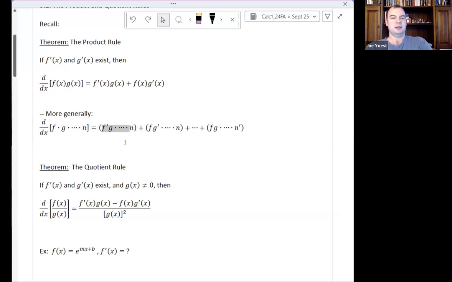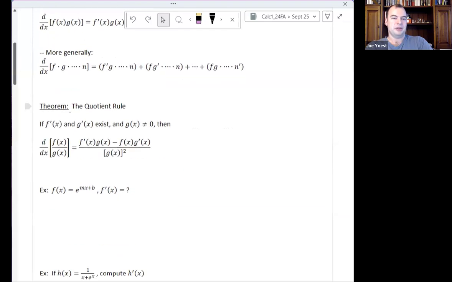We write that product of a bunch of functions that number of times, and we differentiate a different function in each term. And for the quotient rule, the derivative of the quotient, we have the derivative of what I'll call top over bottom. So we have bottom times derivative of top, minus top times derivative of bottom, over bottom squared.